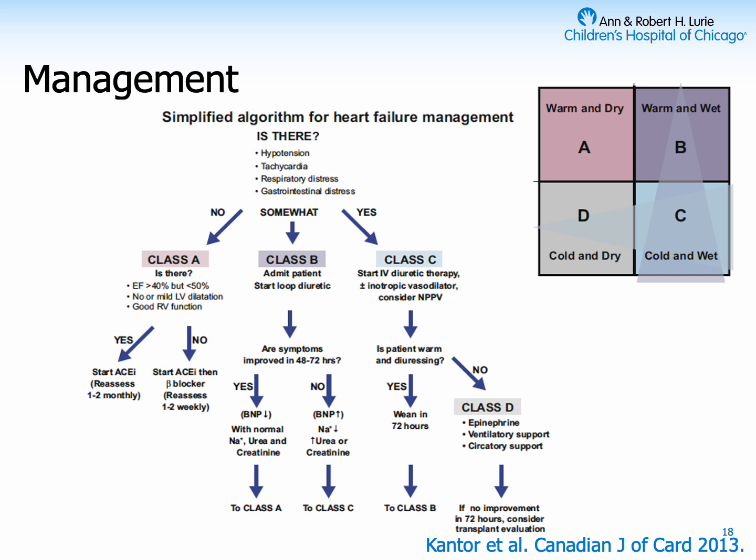If they're somewhat sick, then they should be inpatient, started on diuretics, and if they're stable enough, then begin an oral heart failure regimen. And then if they're sick, then these patients will need IV diuretics, an inotropic vasodilator, possibly respiratory support, and if they continue to worsen, they should be considered for mechanical support and heart transplant evaluation.